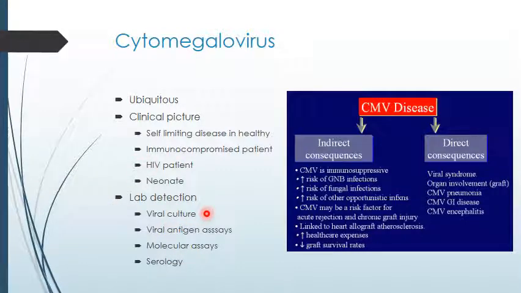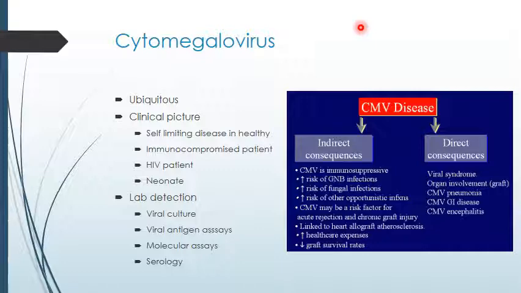Viral cultures, we do CMV cultures not infrequently. We do antigen assays not infrequently. And then, of course, what we're moving towards are those molecular assays and serology that help us to really identify these infections.